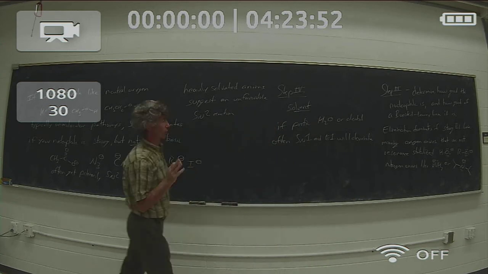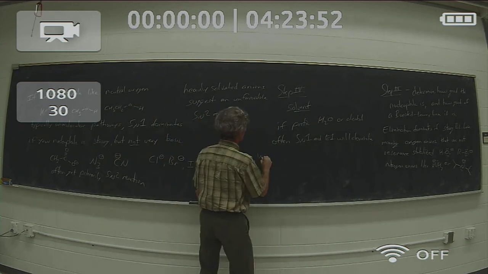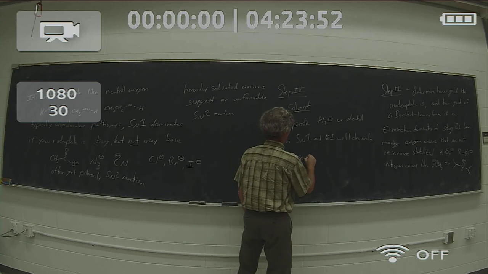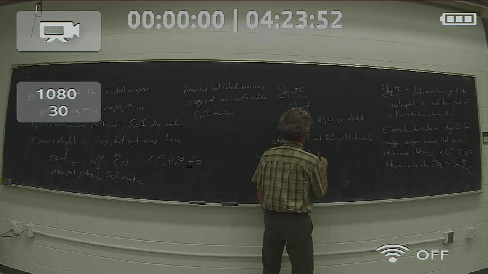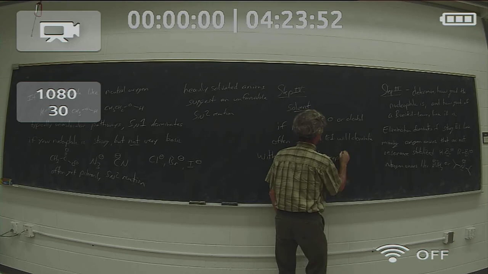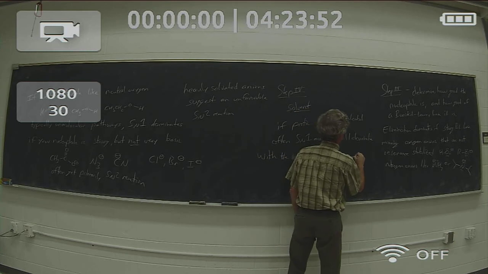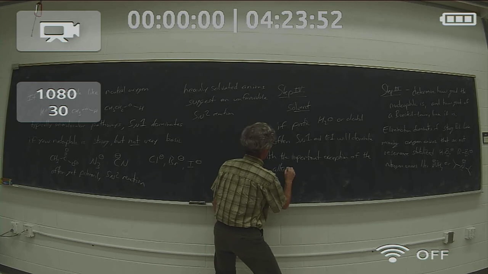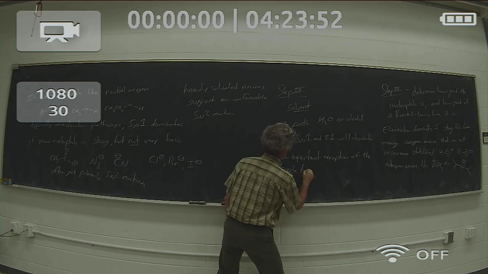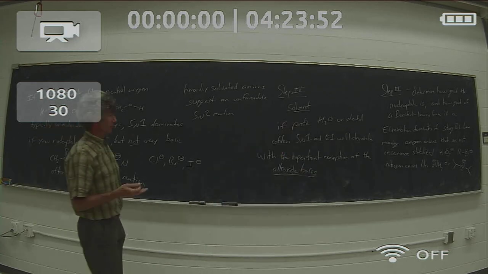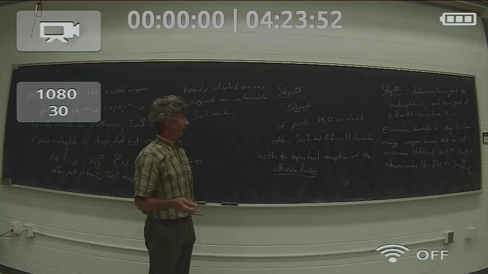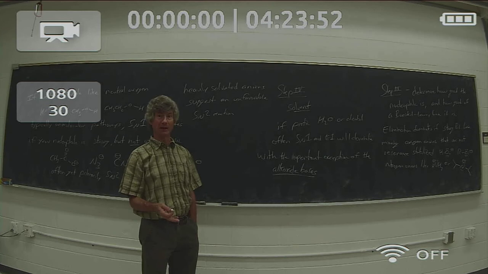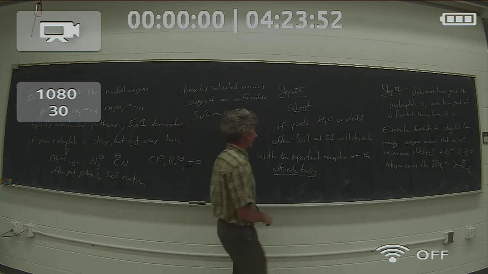With the important exception of the alkoxide bases run in ethanol as the solvent. If sodium ethoxide is the base, the solvent is ethanol. If sodium methoxide is the base, then the solvent is methanol.